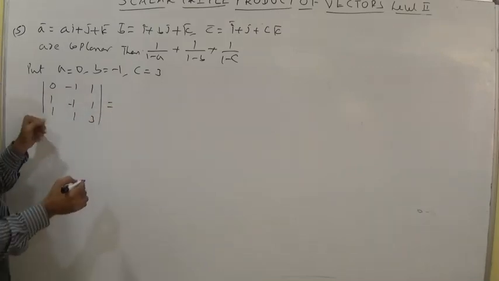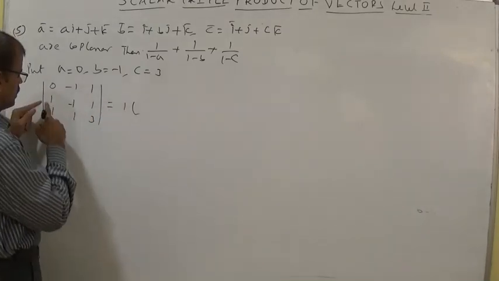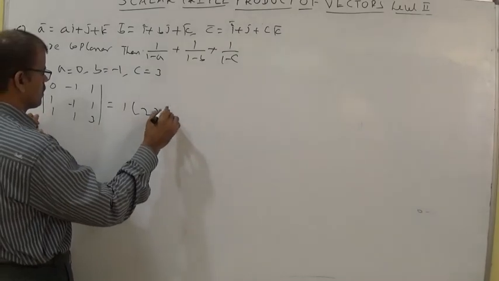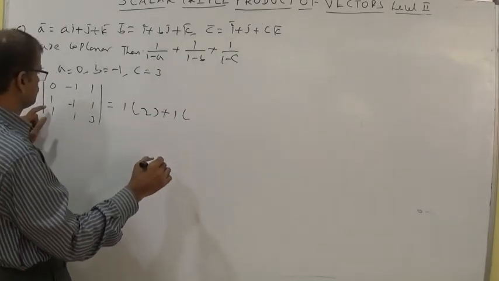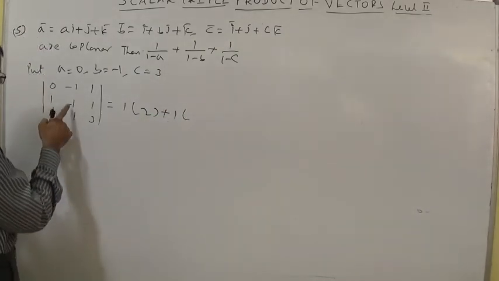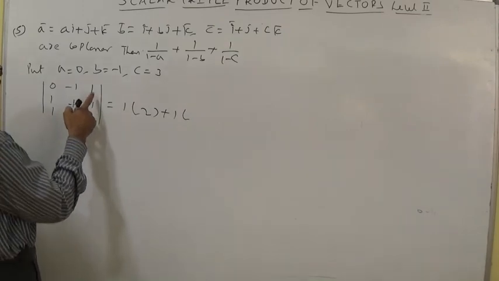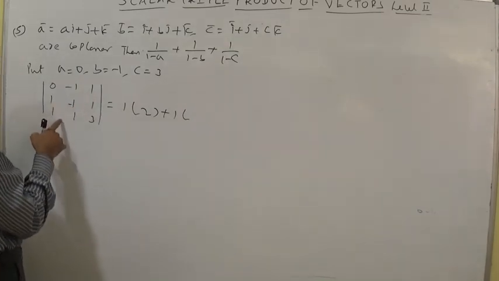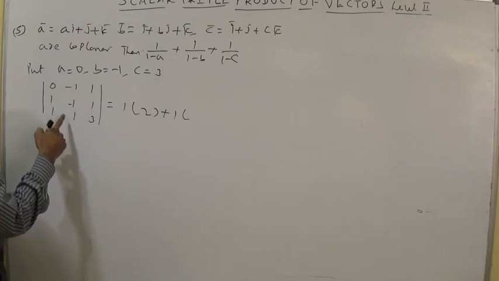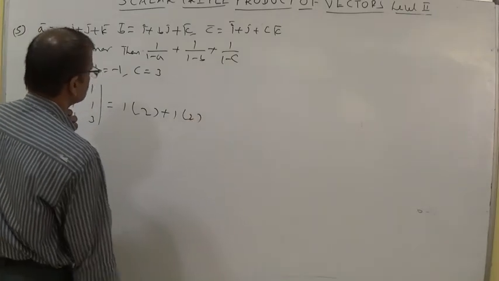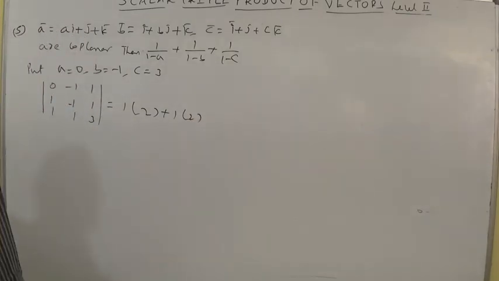The rows are 0 1 1, 1 minus 1 1, 1 1 3. First 0, no need to write. Next, 1 into 3 minus 1 becomes 2, plus 1 into 1 minus 1 into 3 minus 1 is 2, plus 1 into 1 plus 1 is 2. The value should be equal to 0.